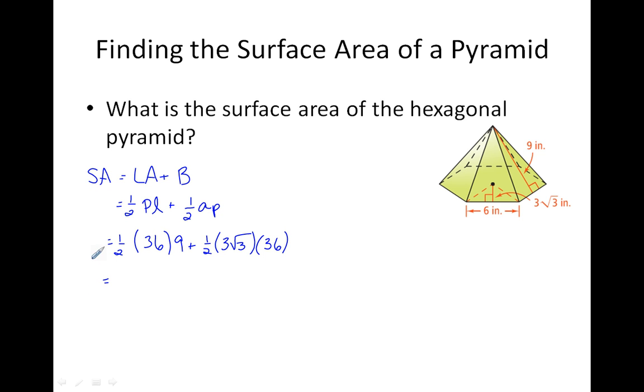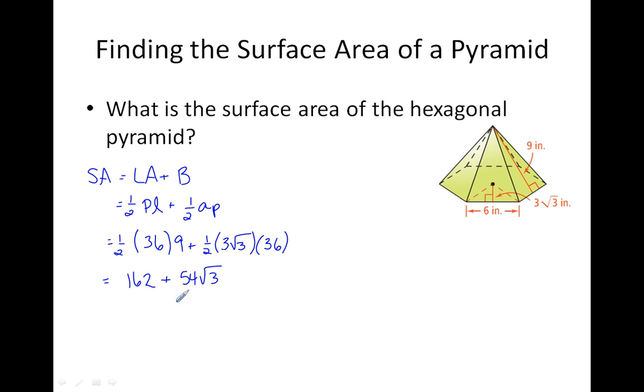We simplify each of these figures, so 1/2 times 36 is 18, times 9 is 162, plus 1/2 times 36 is 18, times 3 we get 54 square root of 3.